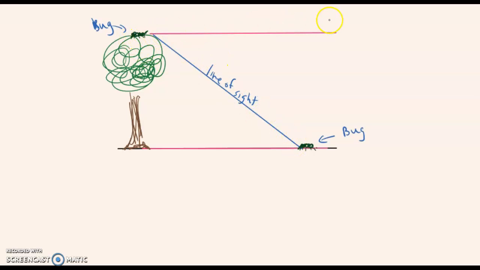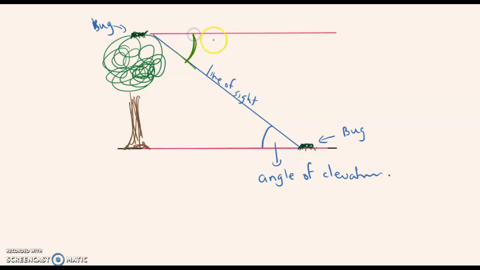Now if she's looking straight ahead, she would look along this pink line here. So by looking straight ahead and then looking up, this angle formed here is the angle of elevation. Now, for her, she's looking straight ahead, and if she looks down at him, her line of sight will now be this blue line here.